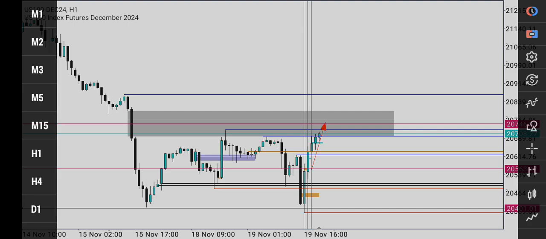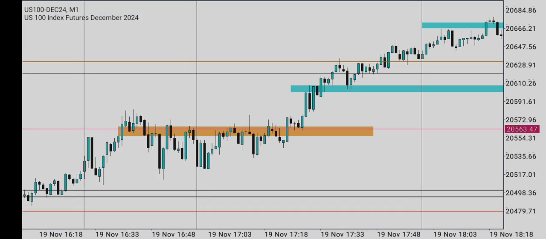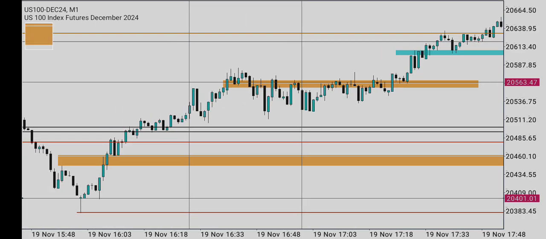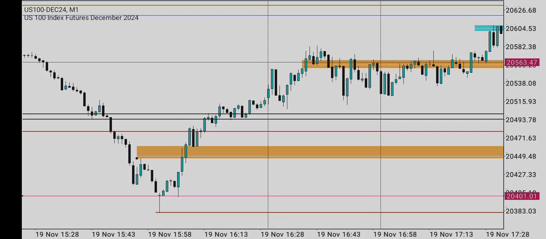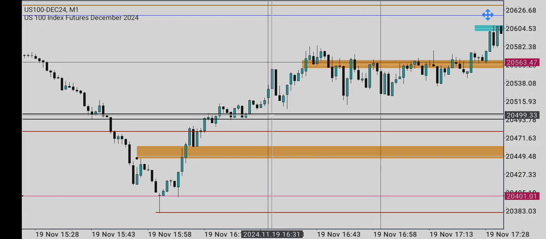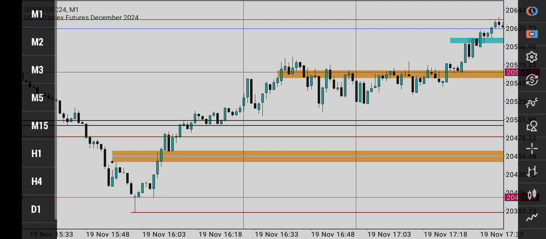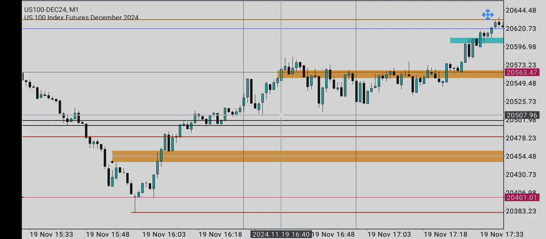So let me just take you to the 1 minute chart, and I'll show you how I entered. After the 9:30 open, I just waited for the first presentable fair value gap, which presented itself at this area, right?